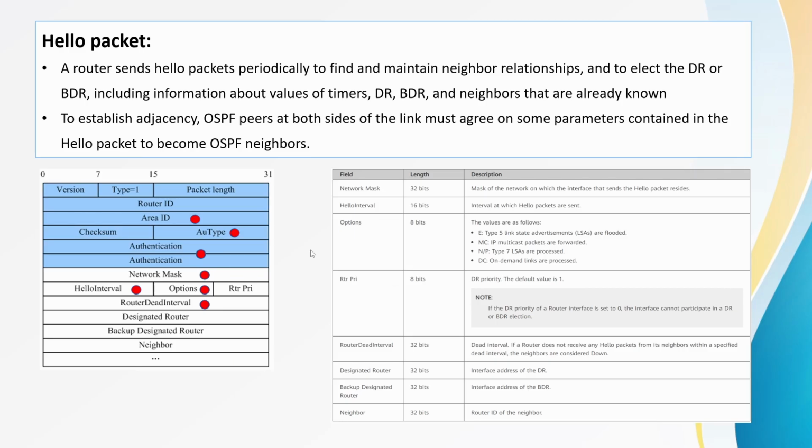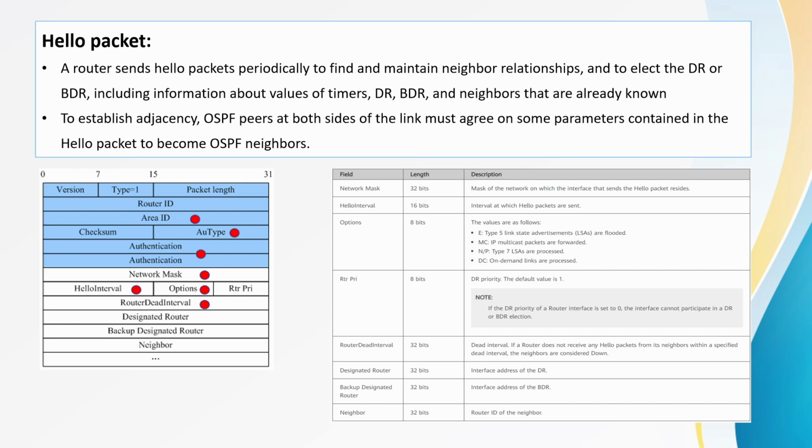The hello packet is maybe the most important packet when you learn OSPF. The router sends hello packets periodically to find and maintain neighbor relationships, and to elect the DR or BDR. They include information about the values of timers, the DR, BDR, and neighbors that are already known.